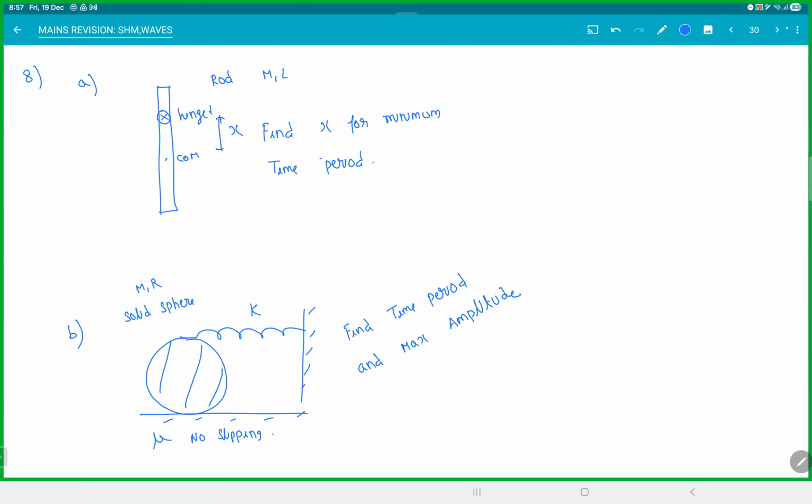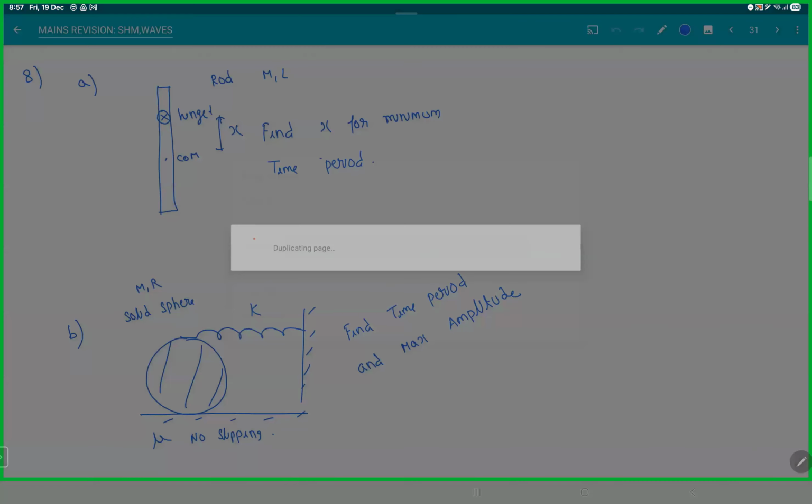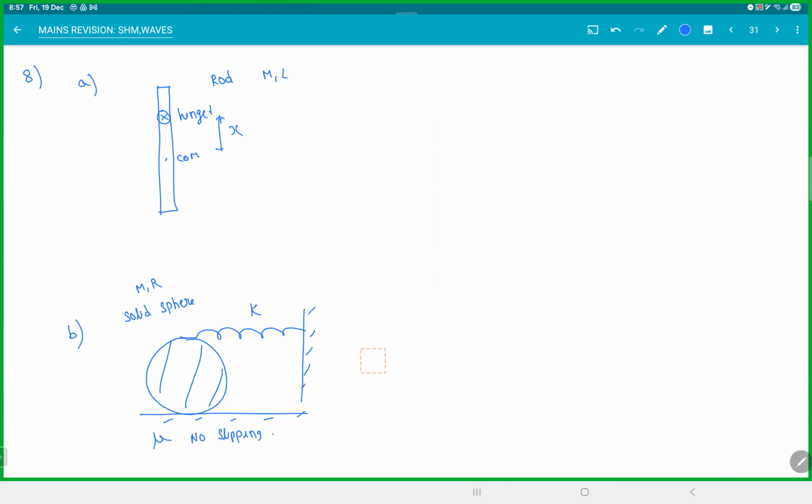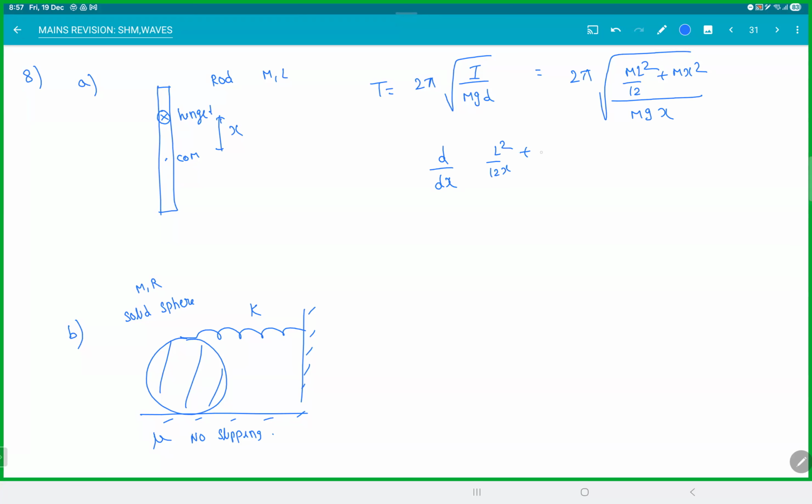Standard question we did in the class notes. So what's the time period formula? Time period is 2 pi root over I by mgd. D is the distance from the center of mass, I is the moment of inertia. That will be 2 pi, moment of inertia will be ml square by 12 plus mx square, parallel axis theorem, by mgx. You have to minimize that function. That will be L square by 12x plus x, differentiate. You get x is equal to plus or minus L by root 12. There are two answers. You can put it up or down.